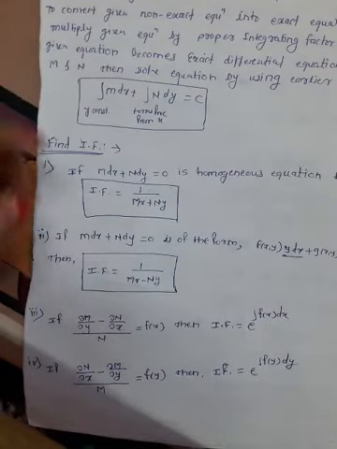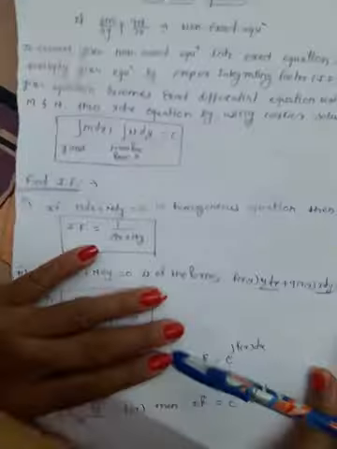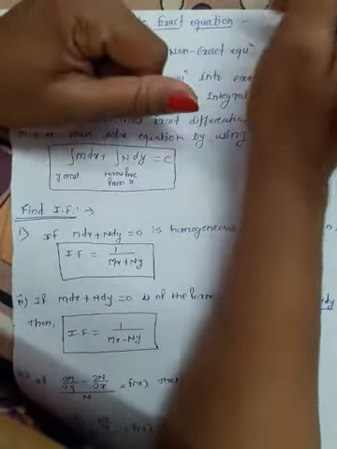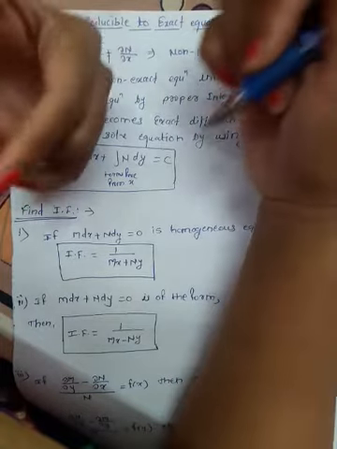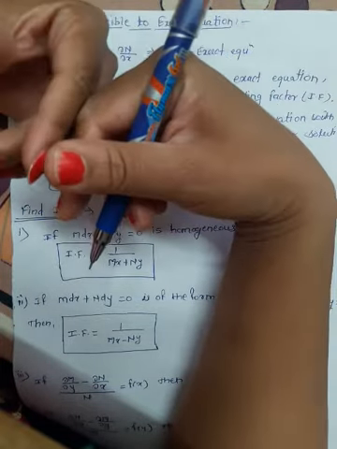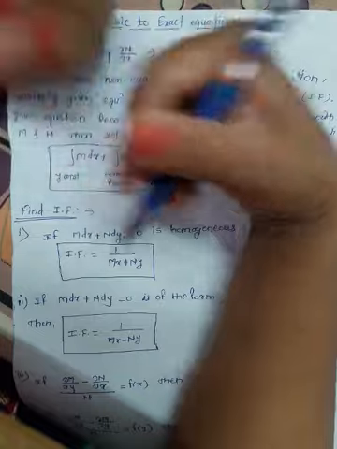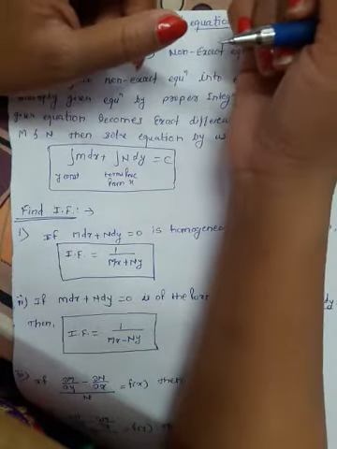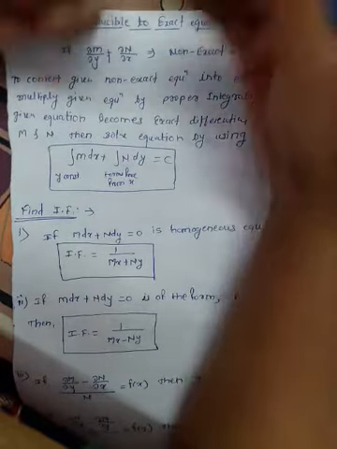Now, these are some examples we have seen of exact differential equation. Like the linear differential equation, the pattern is the same. We have seen linear differential equation, then reducible linear differential equation, Bernoulli equation, and the substitution method also. Now we have seen exact differential equation, and now we are going to see the reducible exact differential equation.